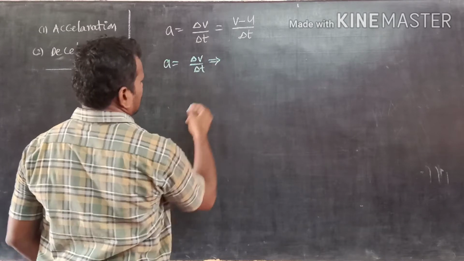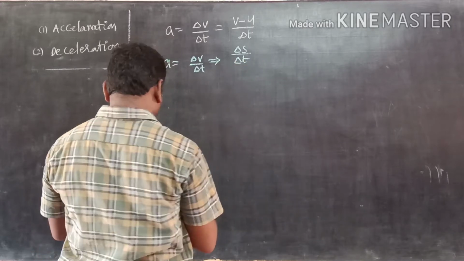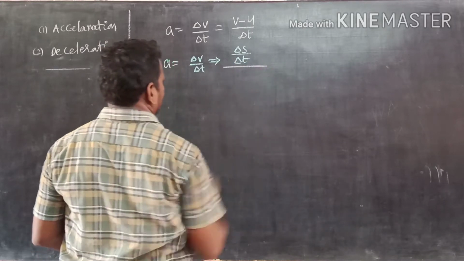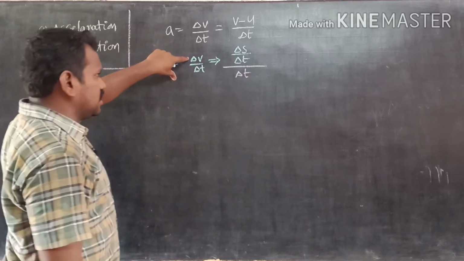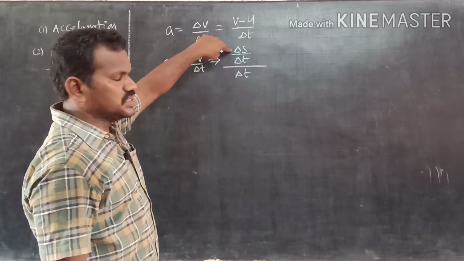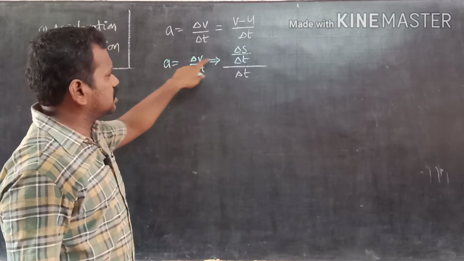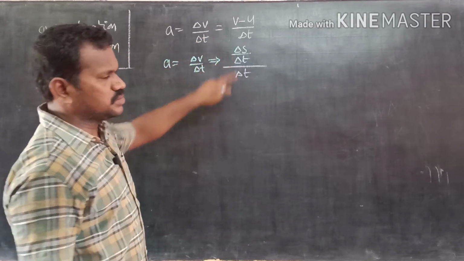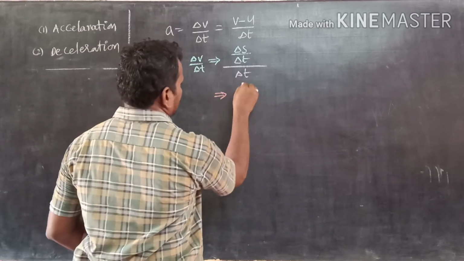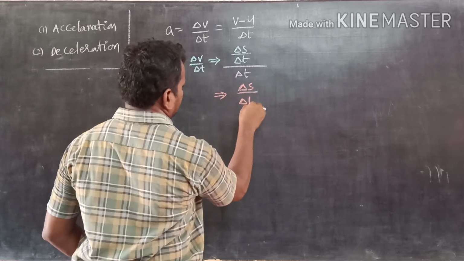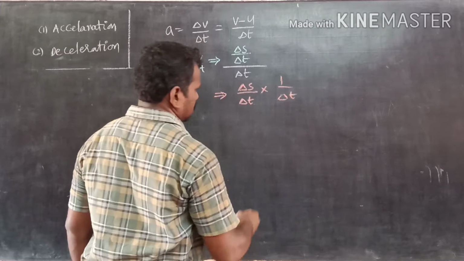This can be written as delta s by delta t, totally divided by delta t. Why? Because velocity is nothing but the rate of change of displacement with respect to time. Now what happens to this value? It becomes delta s by delta t into 1 by delta t.